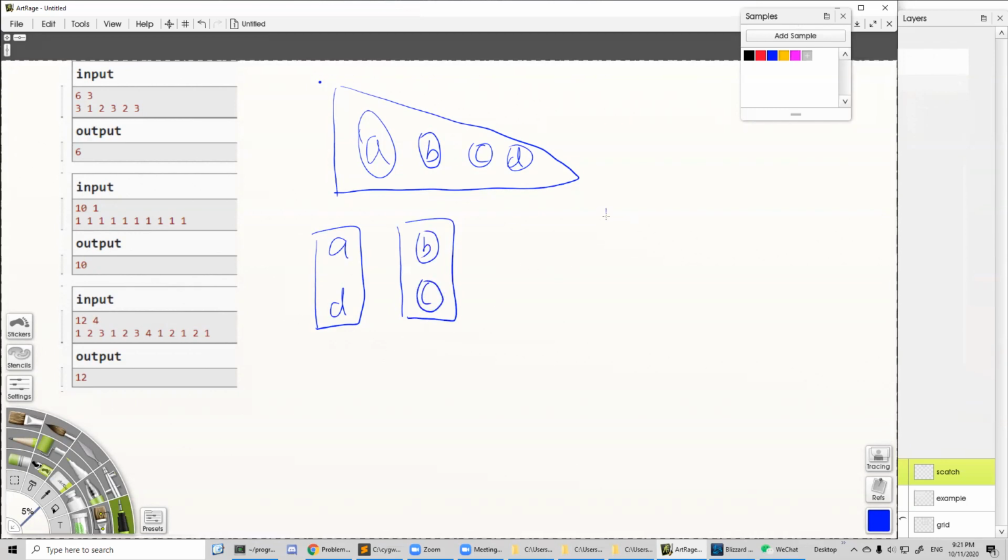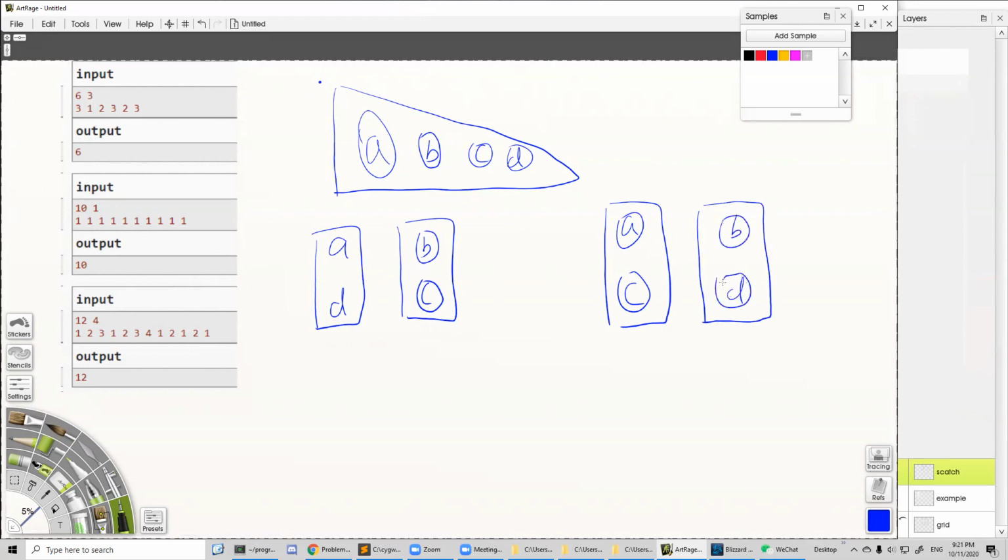Why don't we choose A and C in the first bus and also choose B and D in the second bus? Would this option be the optimal in some cases? The answer is no. Let me prove it.